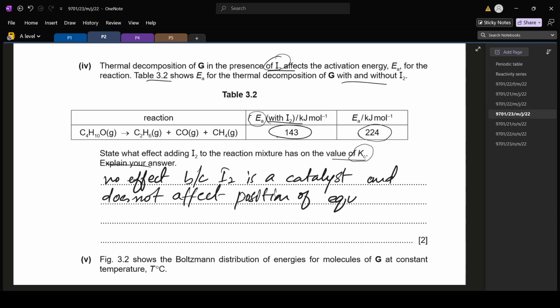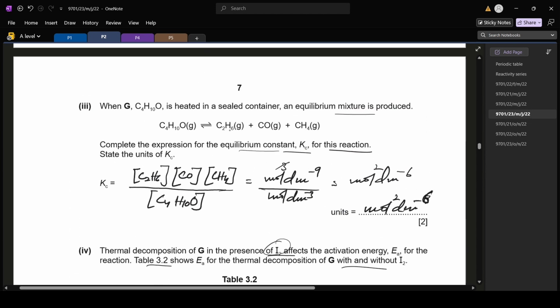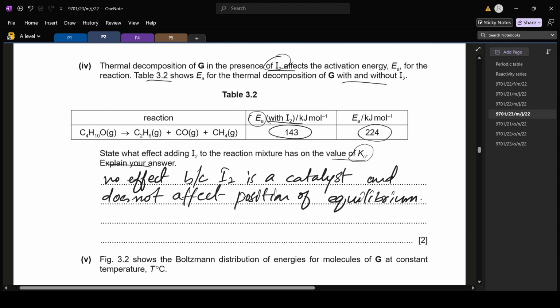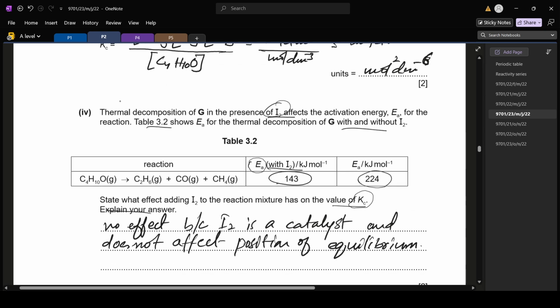Okay, this will not increase or decrease the yield, or change the position of equilibrium. Catalysts just increase the rate of reaction. They don't have any effect on the position of equilibrium or the value of Kc. Okay, Kc is temperature dependent. If you increase or decrease the temperature, the value of Kc will change.